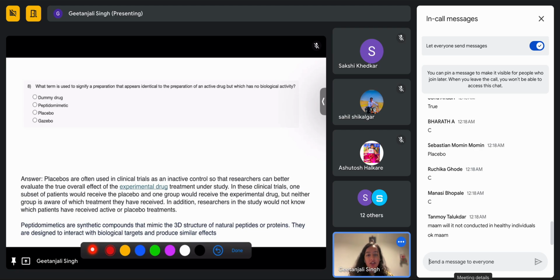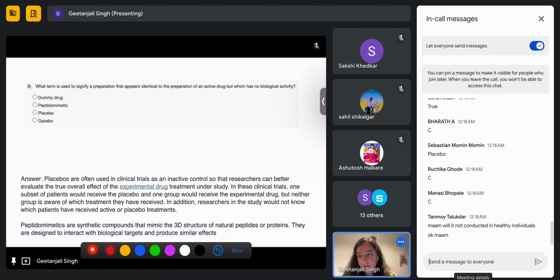Peptidomimetic is actually a drug made from peptides, and they have some kind of activity. This branch of science has a very good potential. People are trying to develop drugs based on peptides that mimic the good things about peptides, like biocompatibility, and have very good activity as a medicine.